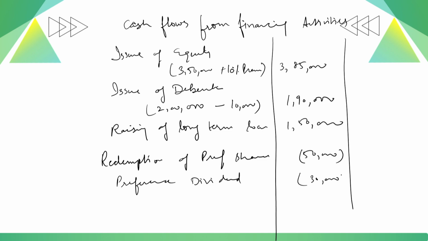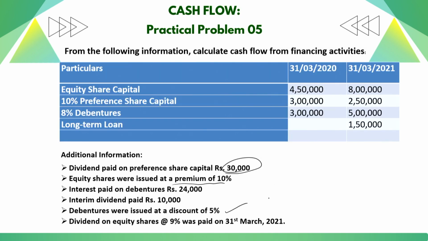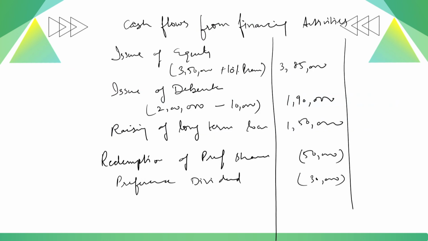30,000 rupees. Then we have interest paid on debentures as well as interim dividend given in the additional information. So, interest on debentures as given in the question is 24,000. Interim dividend is 10,000 rupees.